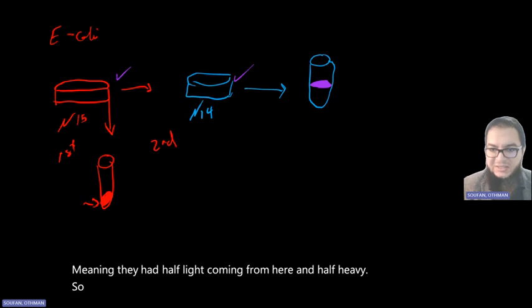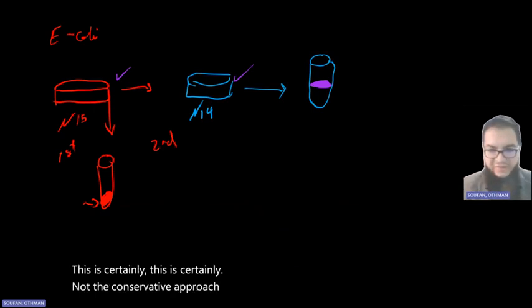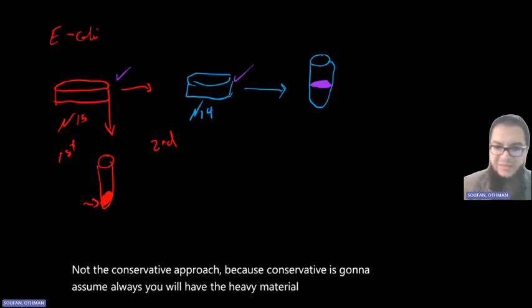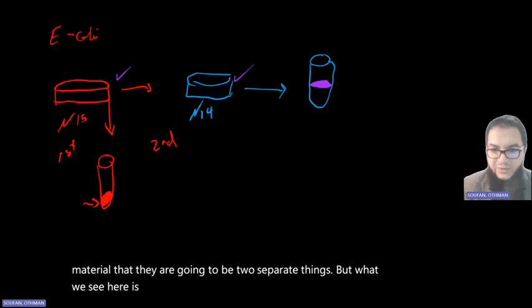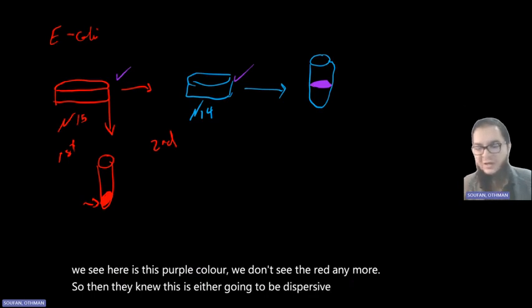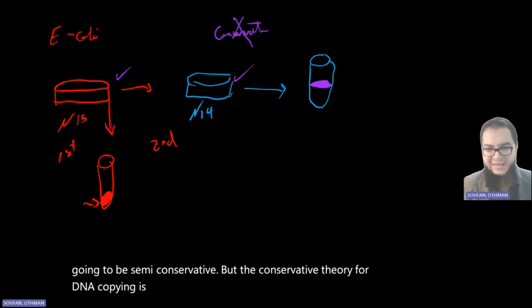So this finding pointed out that this is certainly not the conservative approach, because conservative is going to assume you will always have the heavy material and the light material as two separate things. But what we see here is this purple color. We don't see the red anymore. So they knew this is either going to be dispersive or semi-conservative. But the conservative theory for DNA copying is now canceled as an option.